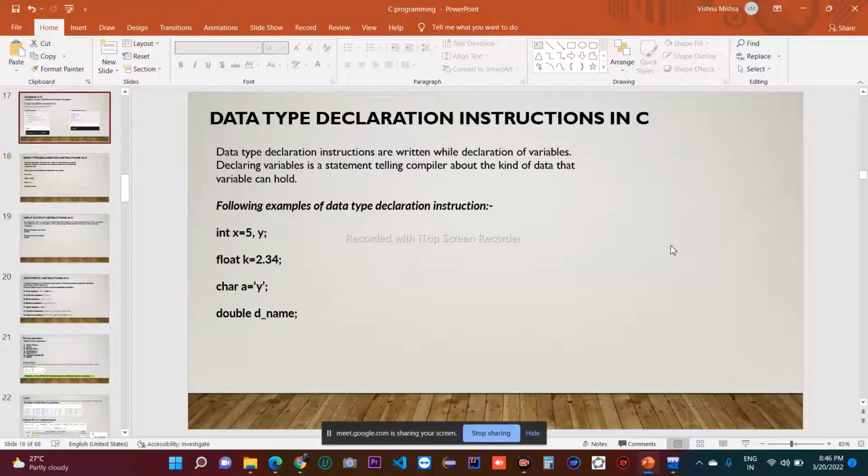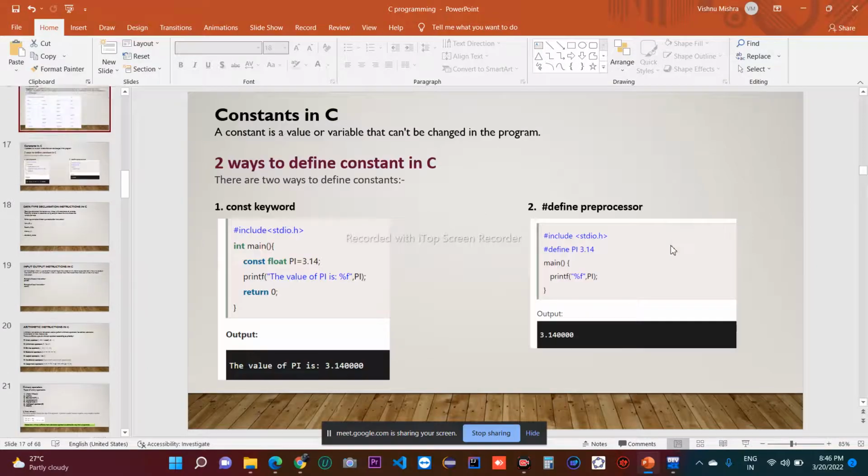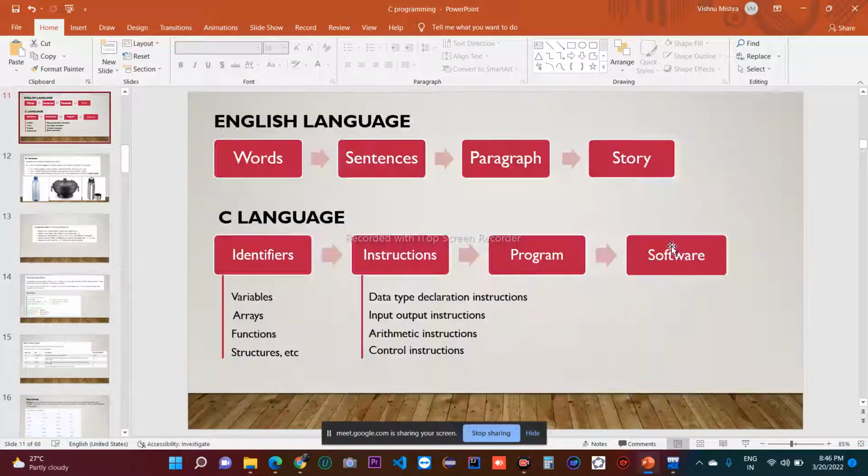Okay, so in the last class, we saw what are variables. Now let's come to instructions. How many types of instructions are there? There are basically four types of instructions: data type instructions, input output instructions, arithmetic instructions, and control instructions. We have already seen data type declaration instructions.